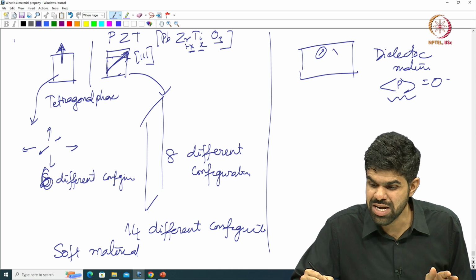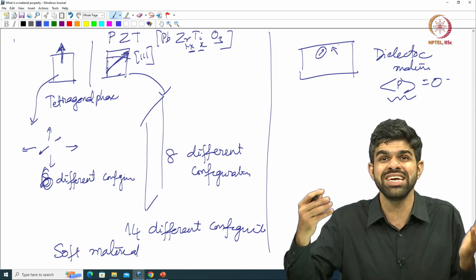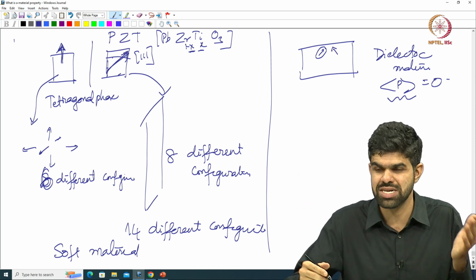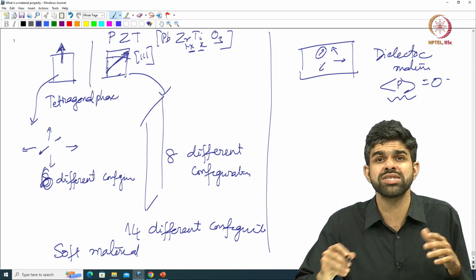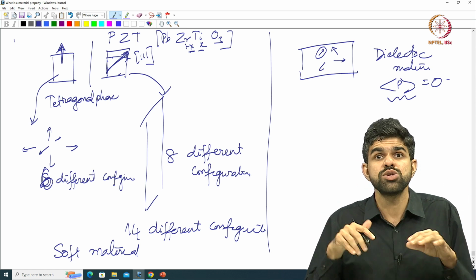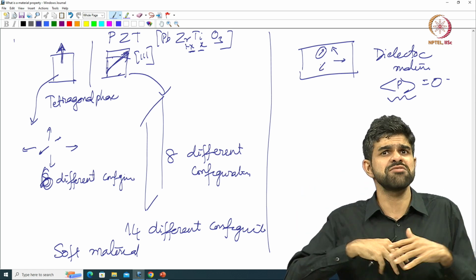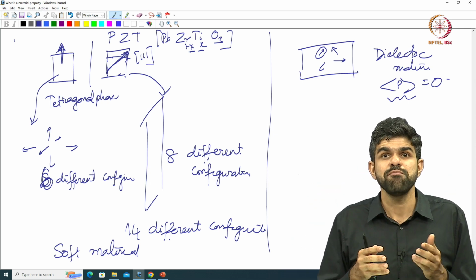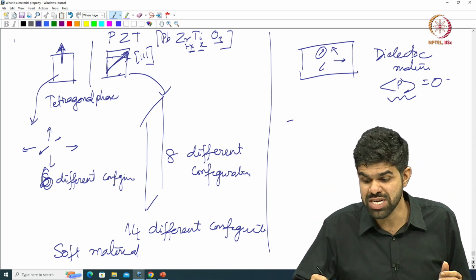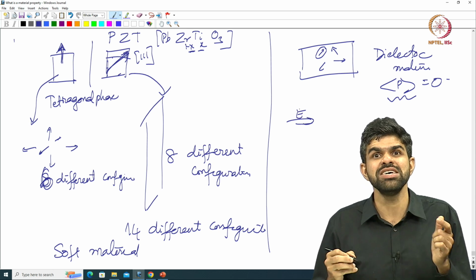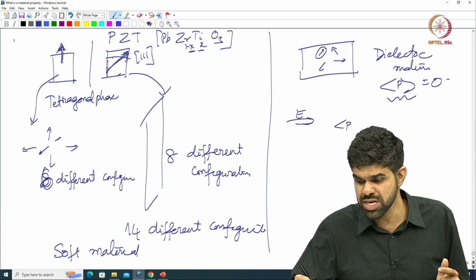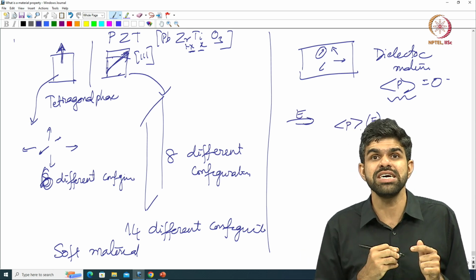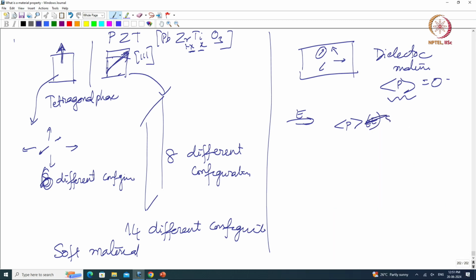This is another energetic polarization state that also exists, and this also exists, albeit with different energies. So, if I have many such polarization states, then when I apply an electric field, the average polarization should follow the electric field.